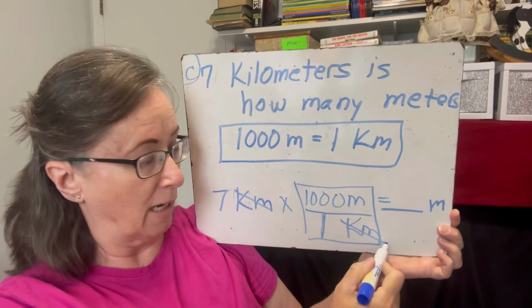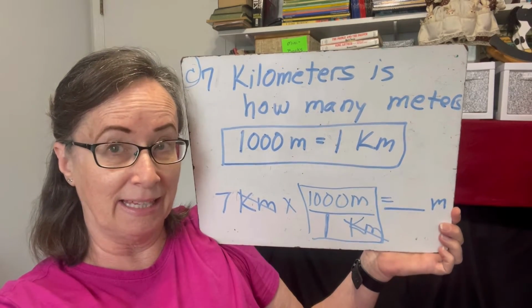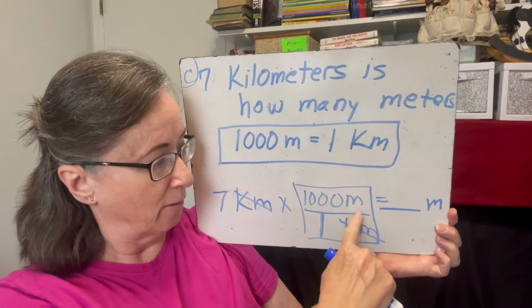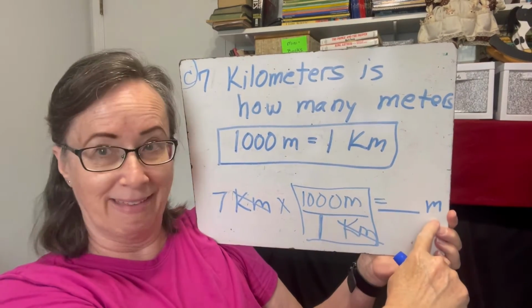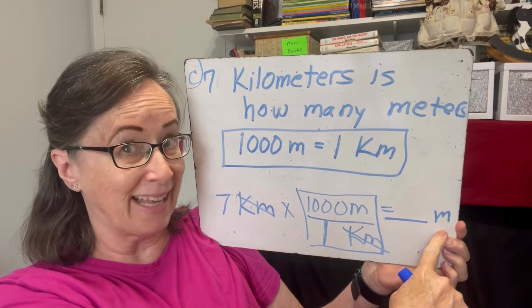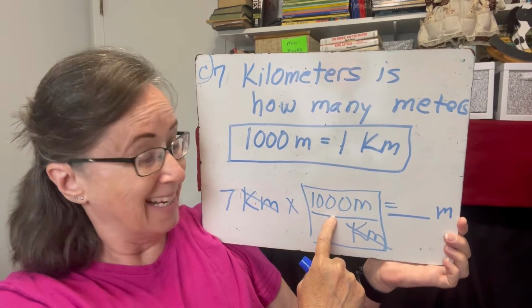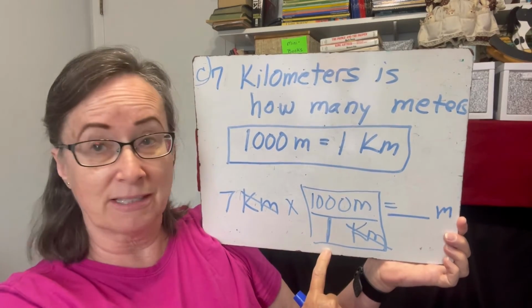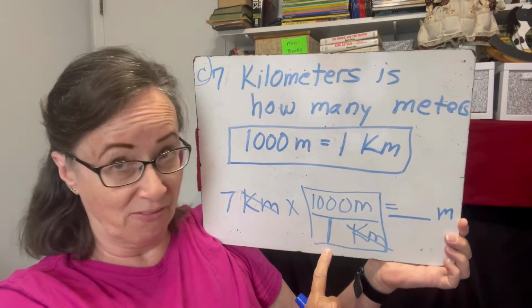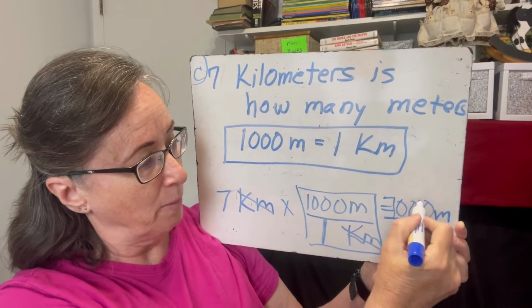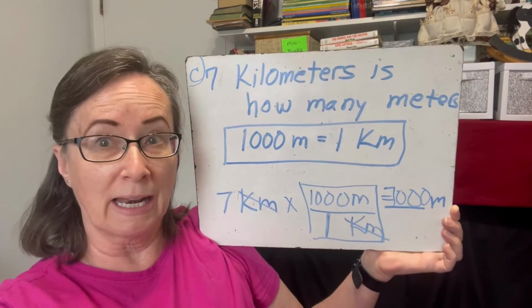Kilometers cancels kilometers. Your unit should always cancel. Now the only unit left is meters, and that's what I wanted, so I know I have set this up correctly. 7 times 1,000 is 7,000, and 7,000 divided by 1 is 7,000. So 7,000 meters. And that was your last practice problem.